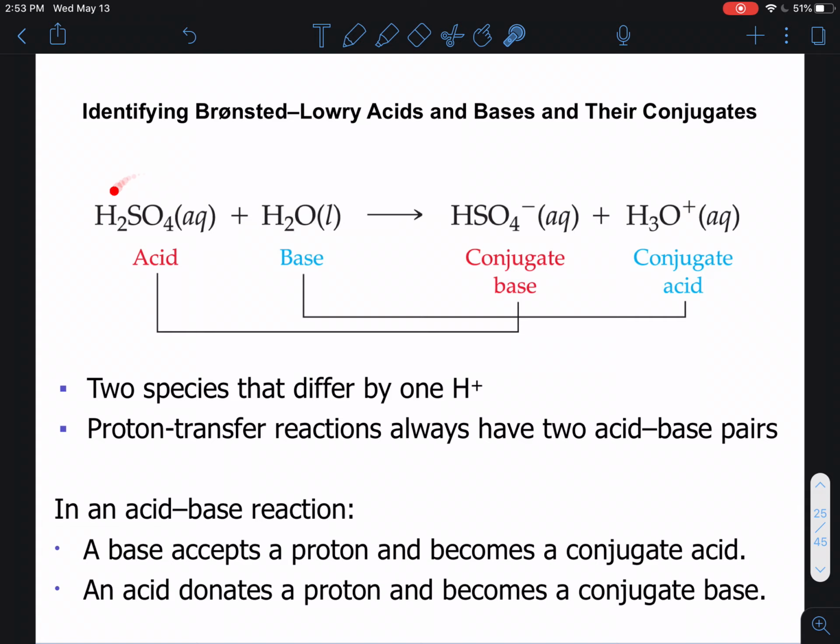And here we have H2SO4. It acts as an acid, and once it gives up one proton, even two, but we'll stick with one, it's going to form its conjugate base. All right. So bases accept protons and become conjugate acids. Acids donate protons and become conjugate bases.